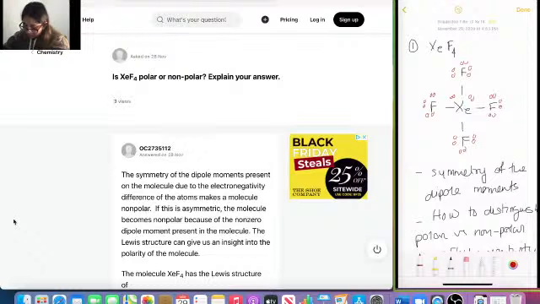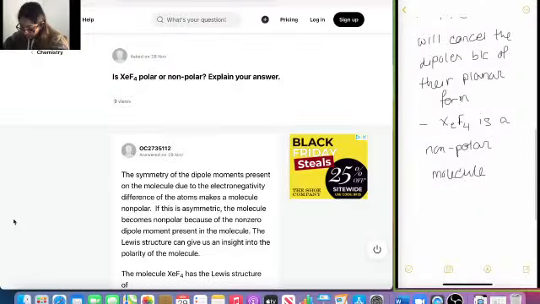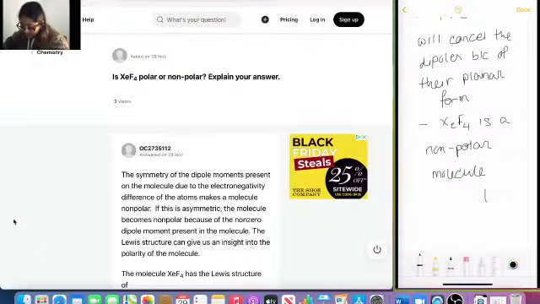Okay, and so all of the bond dipoles you can see here would be cancelled out because of their planar form.